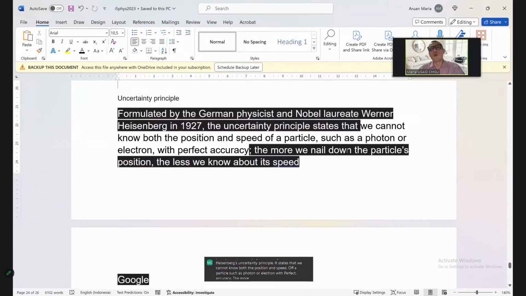The more we nail down the particle's position, the less we know about its speed, or momentum. So it's very important that the better you know the location, the worse you know the speed, and vice versa. The better you know the speed, the worse is your knowledge about the location. That's from Google.